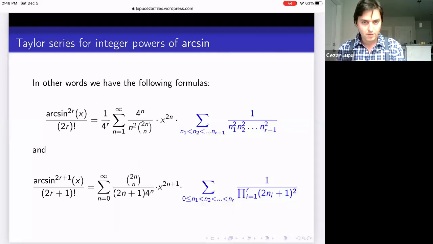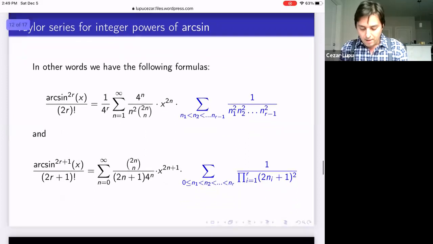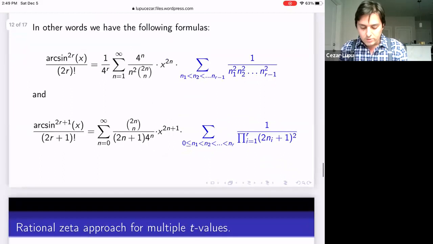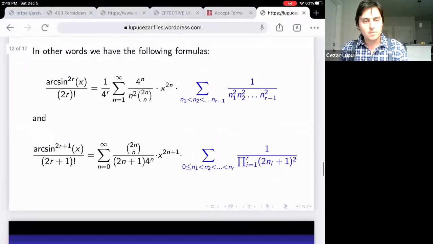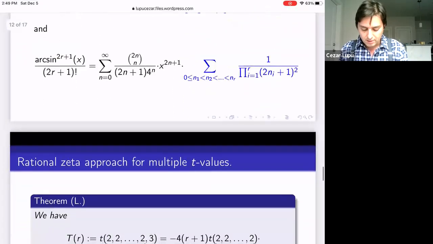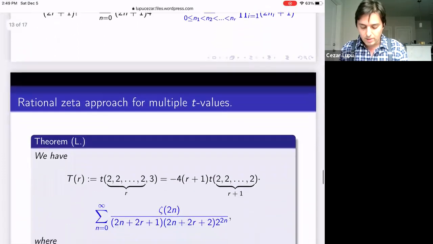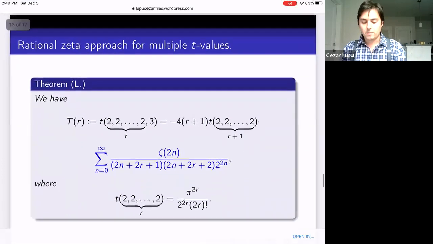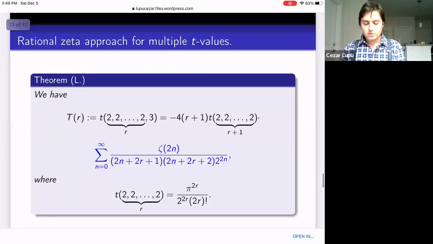I have what I'll call the multiple harmonic sums, which are almost like multiple zeta values. The only thing we need to do is manipulate them a bit. And once we do this, we will get some rational zeta series, and we will have the following formula.